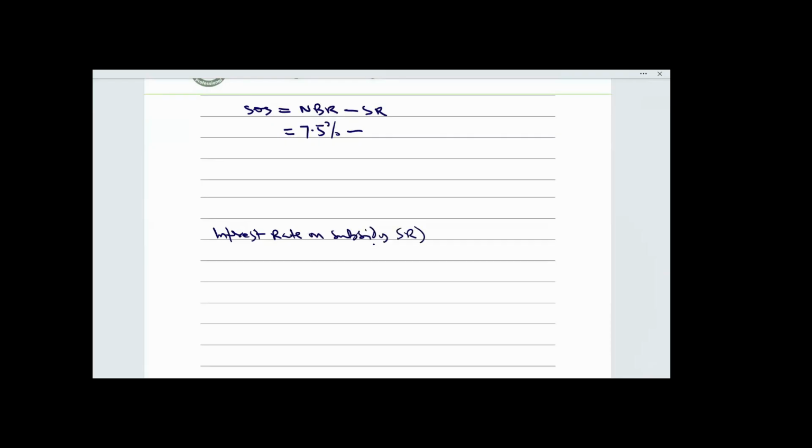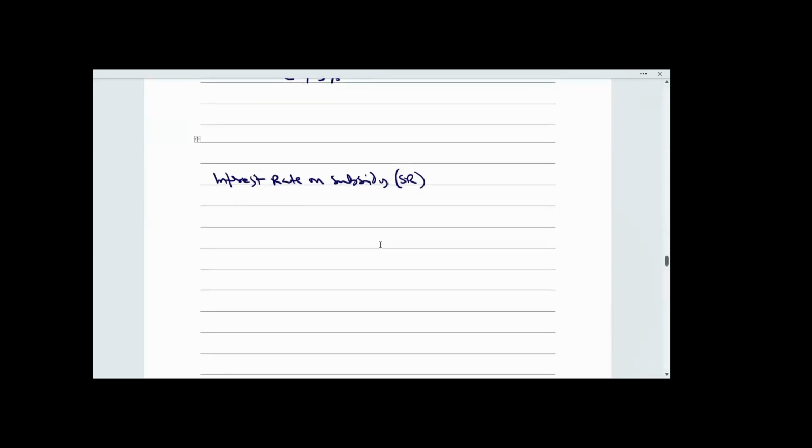You are told that the subsidy rate is 200 basis points. 200 basis points is 200 divided by 100, multiplied by 100 over 1, which is 2%.